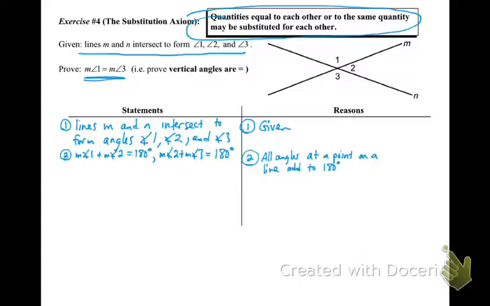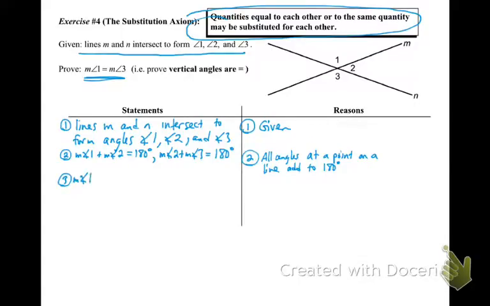All right, now, angle 1 and angle 2 add to 180. Angle 2 and angle 3 add to 180. Well, if I take these two angles, add them together, since it's equal to 180, and substitute it into the 180 in the first equation, that's what I mean by the substitution axiom.